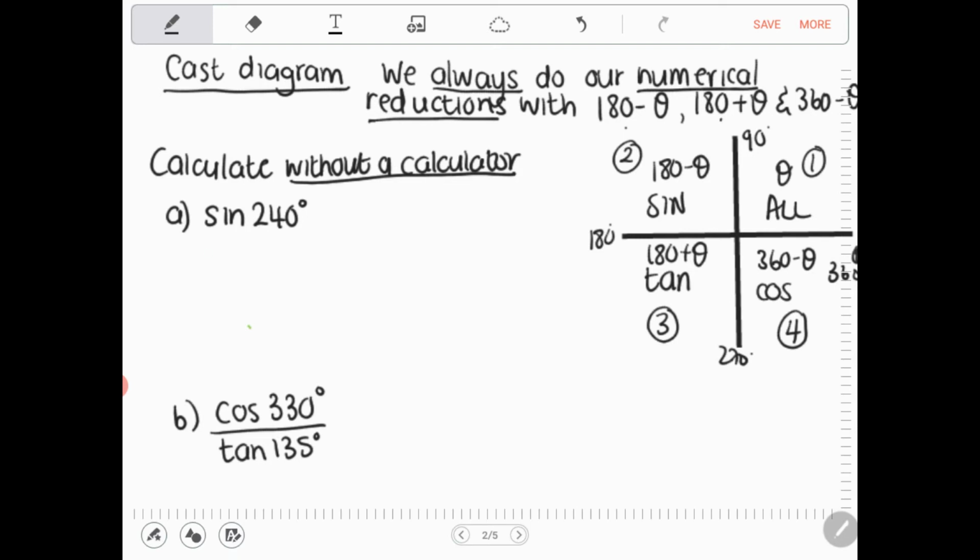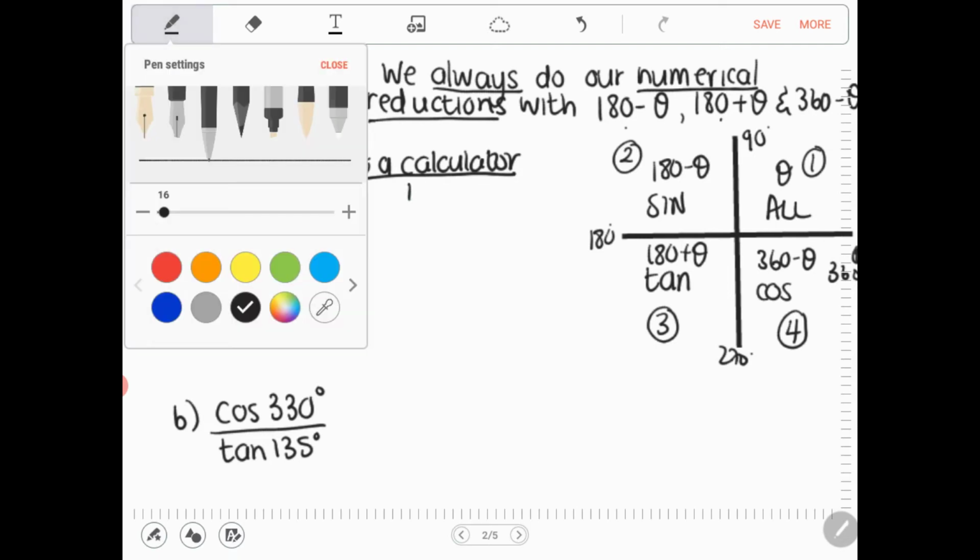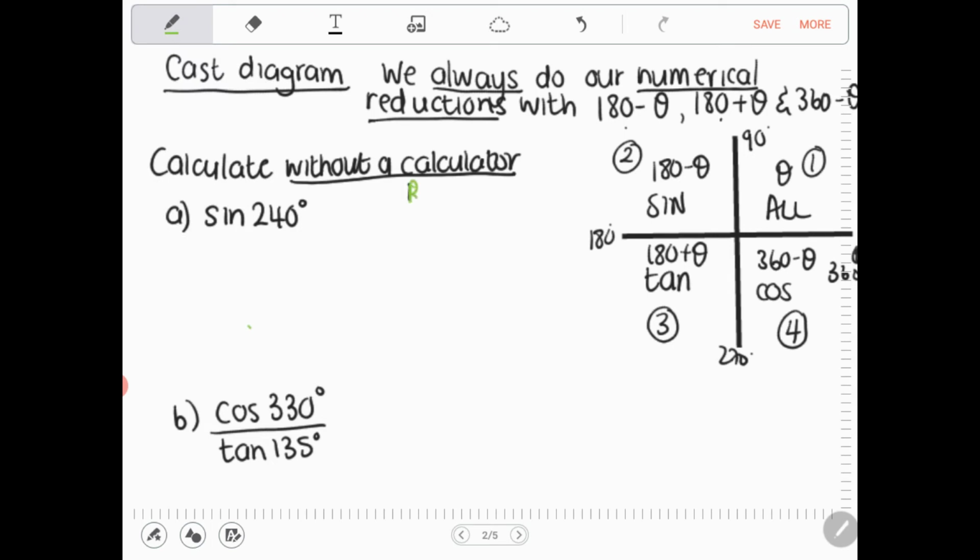All right, so whenever we do these, we always have a little mantra that we say to ourselves. We reduce, we replace, and we simplify. RRS. Reduce, replace, simplify. All right, so first, to reduce, we have to say which quadrant this angle is in.